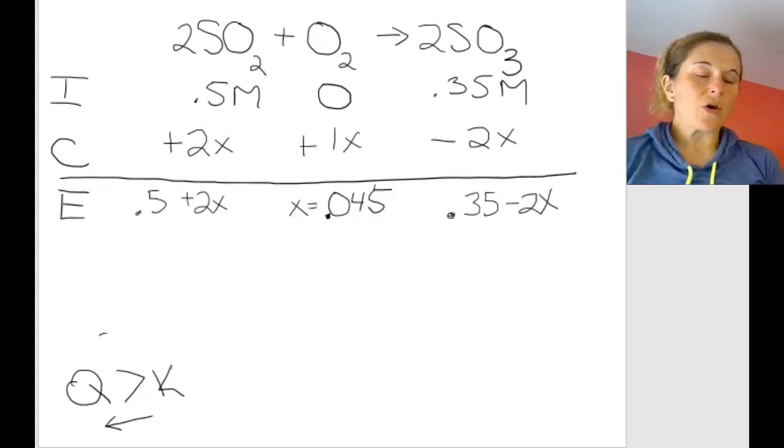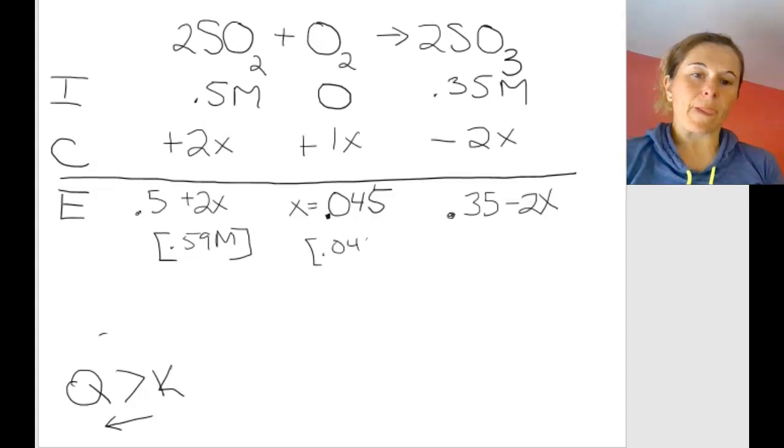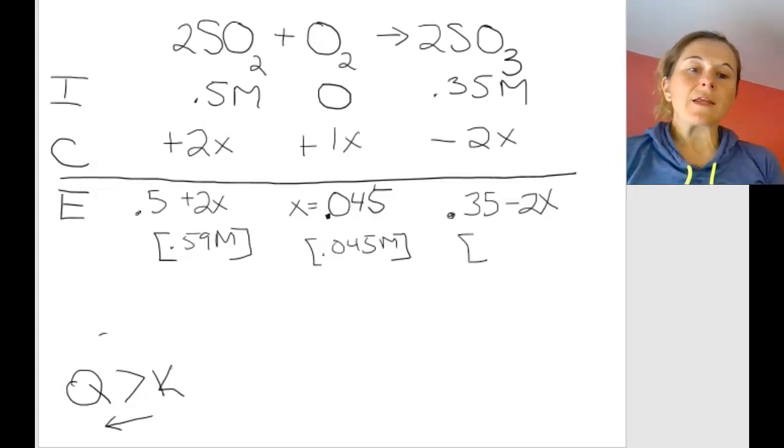So we're going to pop x into these two, and we end up with a concentration here of 0.59 molar. That is our concentration of oxygen. And here we end up with a concentration of 0.26 molar. Okay, so there we go.